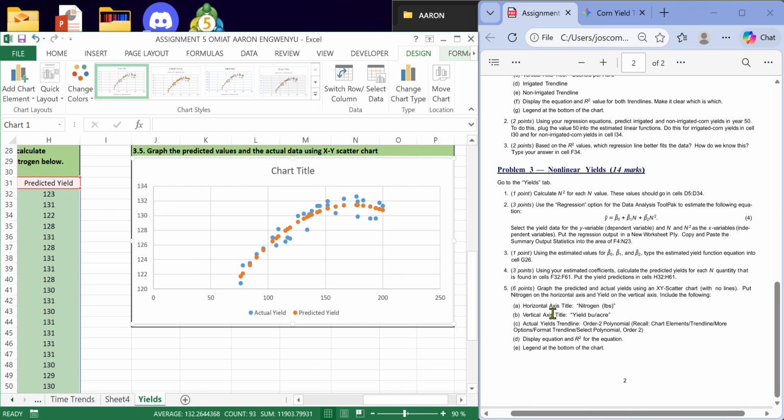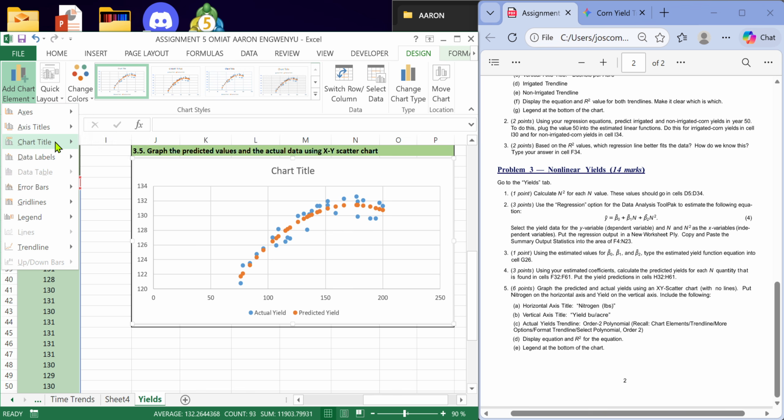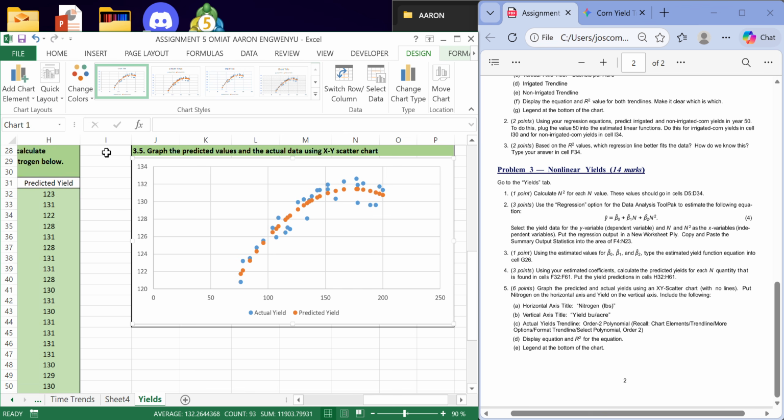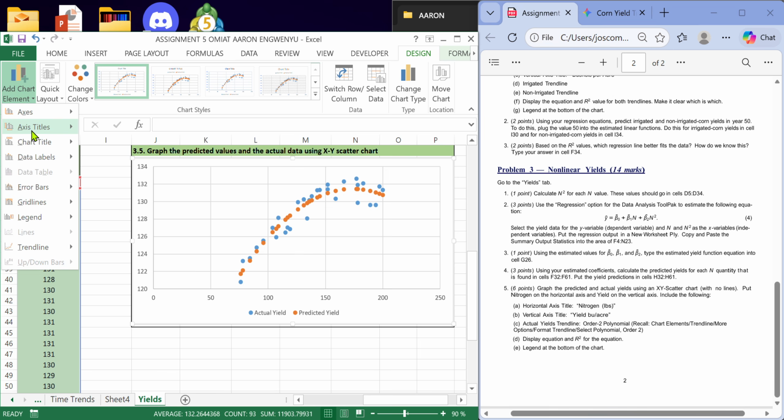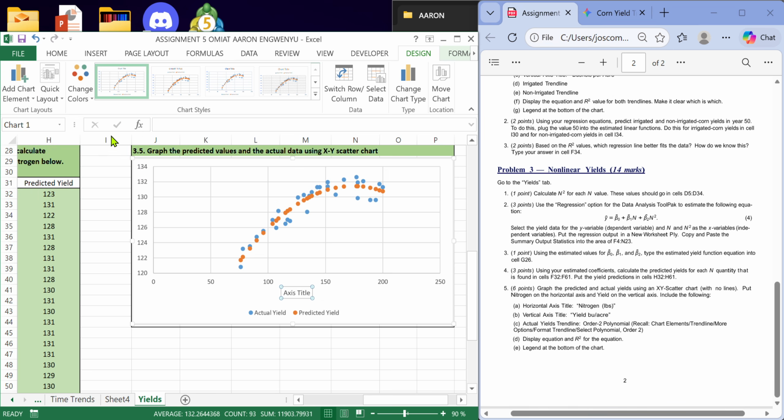And the next thing, axis titles. So they want axis titles, actual yield trend line, display legend. So first you can remove the chart title before anything else. Chart title, none. Then we go add the horizontal, primary horizontal, and it's going to be nitrogen.